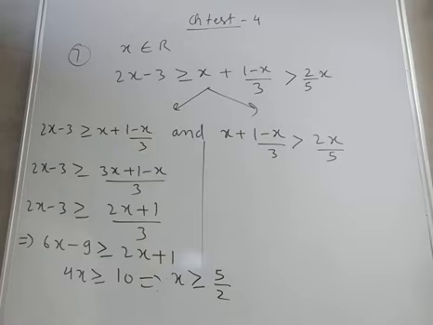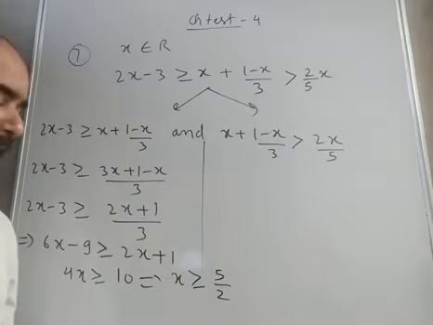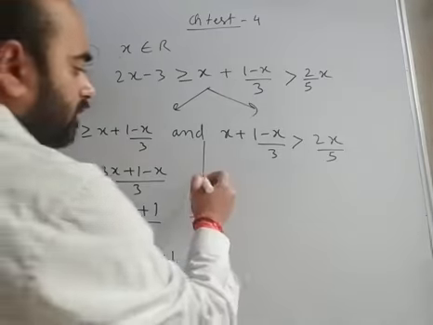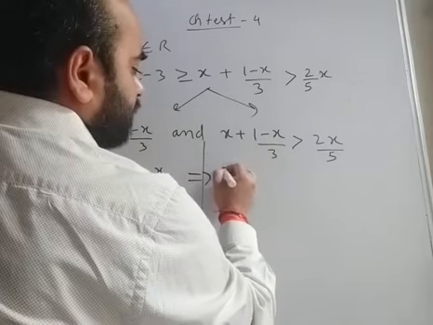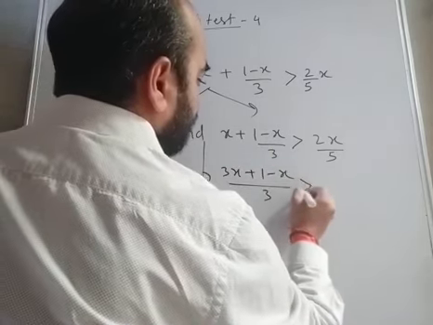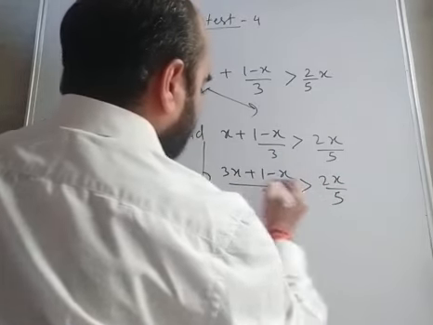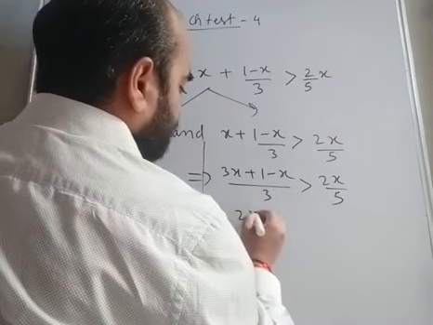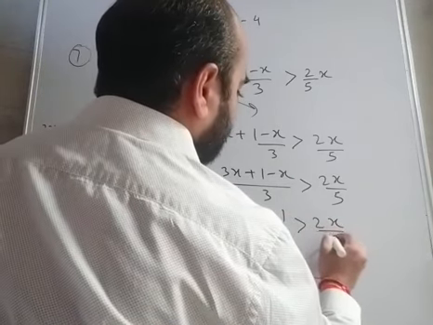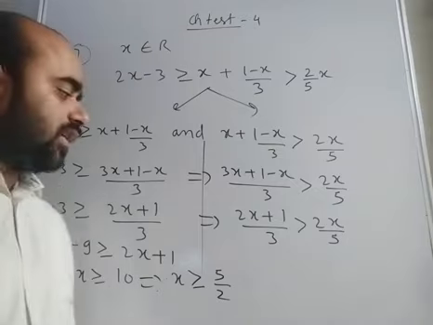Now the second part. First part done. Now second part. Again taking LCM, 3x plus 1 minus x upon 3 greater than 2x upon 5, so 2x plus 1 upon 3 greater than 2x upon 5. Correct?